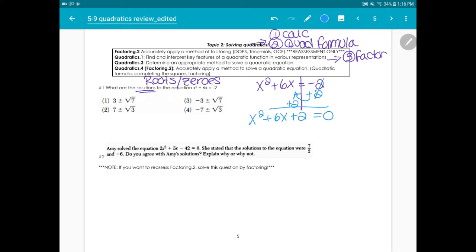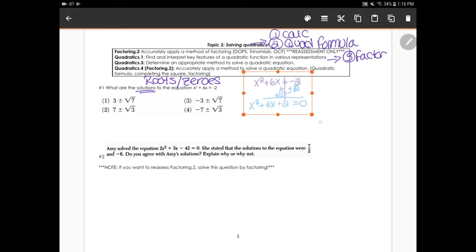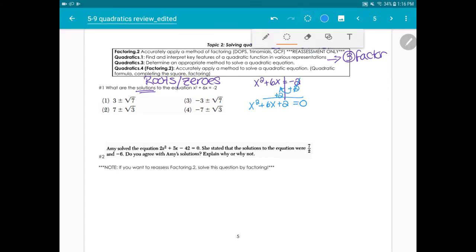Since I'm going to show you the quadratic formula, I know it's the quadratic formula because all my answer choices have square roots in them. And if I'm factoring, I'm not going to have a square root, so I know I have to use my quadratic formula. So my A value is going to be 1, my B value is going to be 6, and my C is going to be positive 2. And remember, I get that from the numbers here.